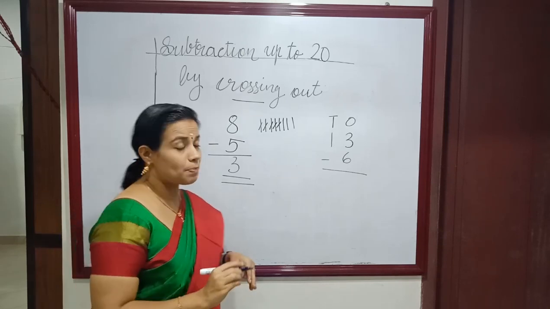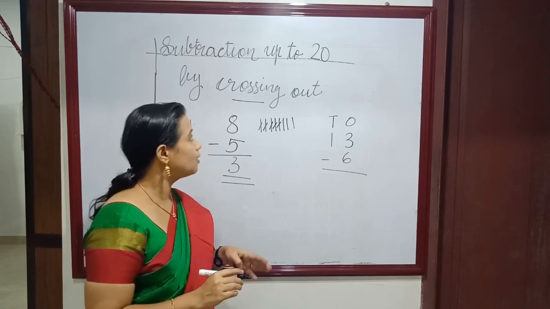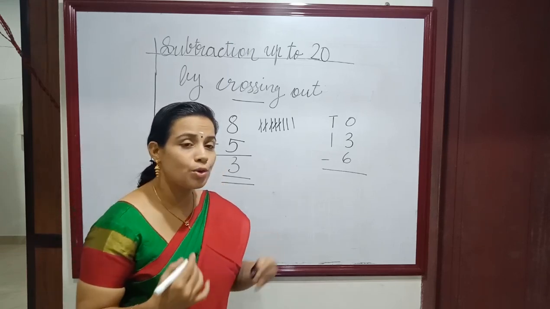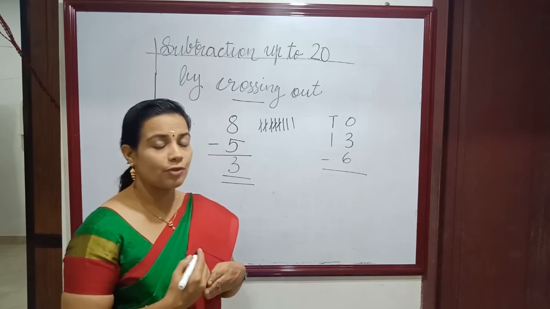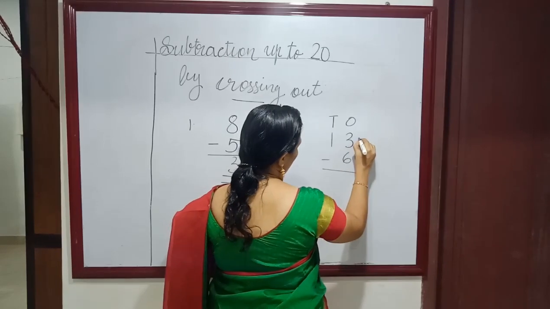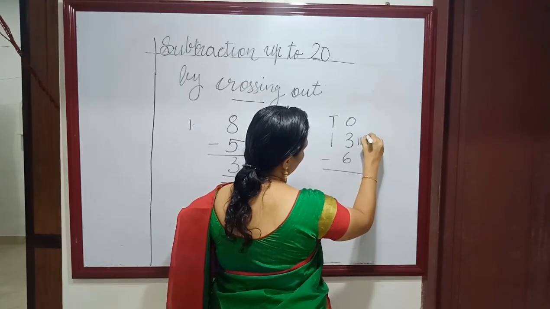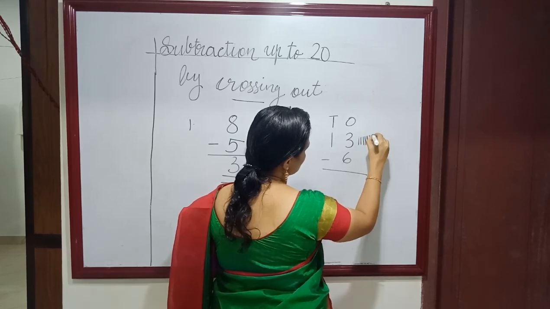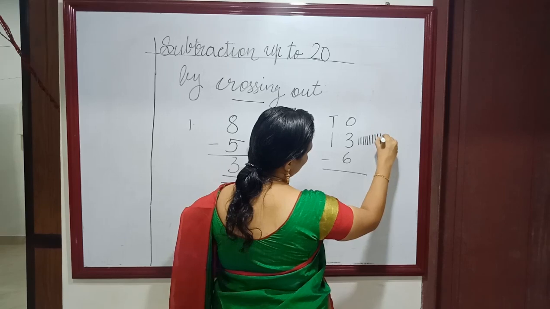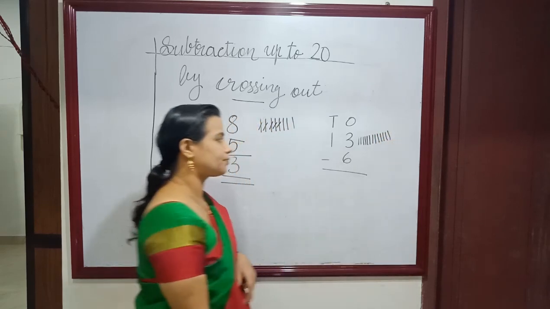We have to subtract 6 from 13 by crossing out. So we have to draw 13 lines. 1, 2, 3, 4, 5, 6, 7, 8, 9, 10, 11, 12, 13.